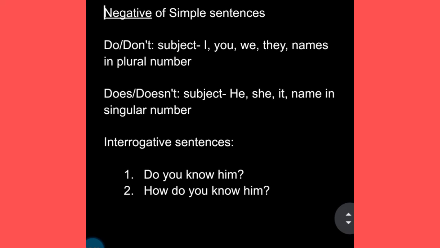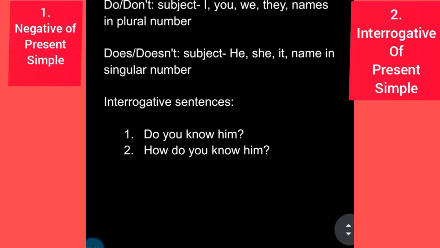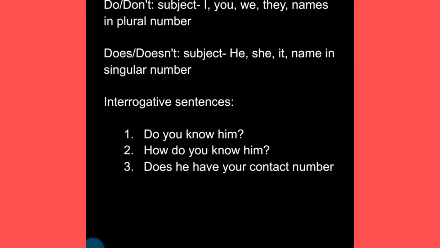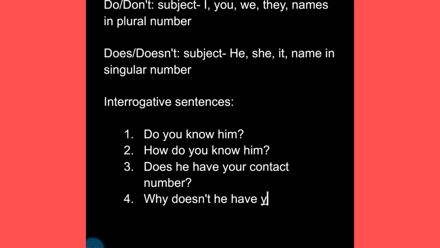Another rule is when we make interrogative sentences like these: do you know him, how do you know him, does he have your contact number, why doesn't he have your contact number.